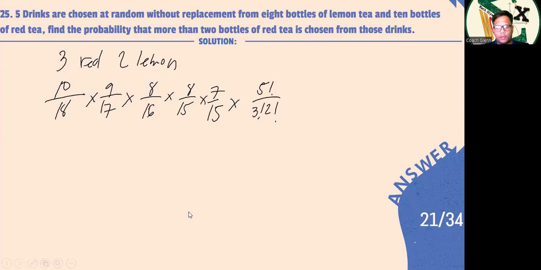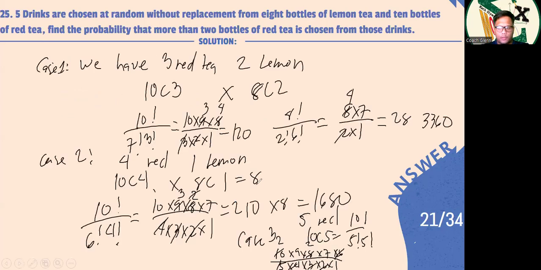Actually, what we did a while ago was already fine. Let's just continue that one. It's gonna be a long solution. So let's just solve case 3. We already have 5292.